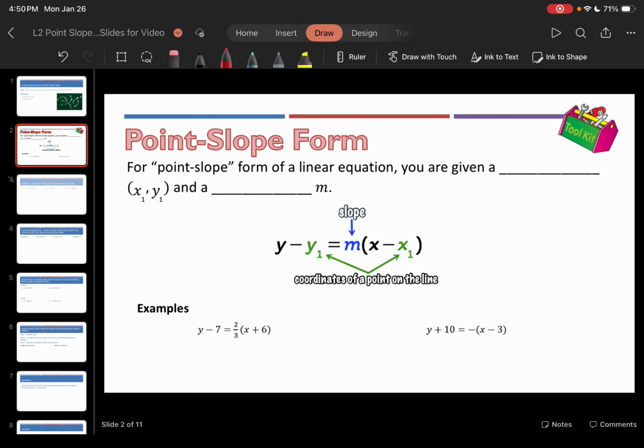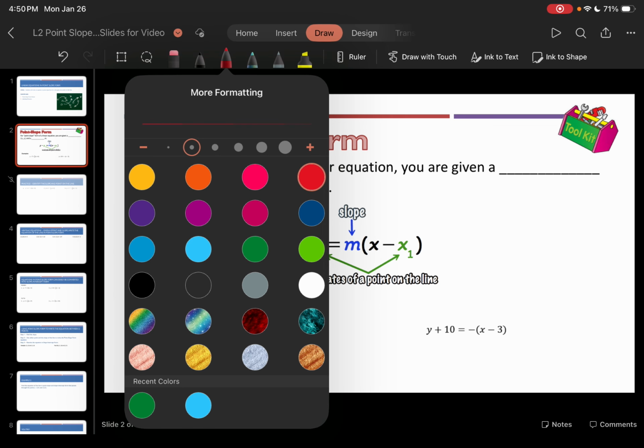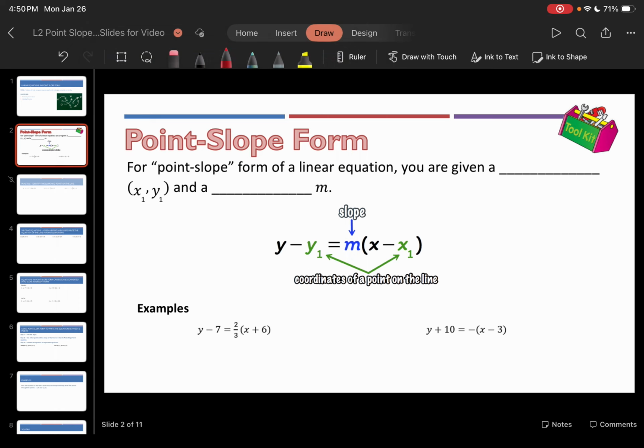So let's get started. Point slope form looks like this formula that you see on your screen here, and it's named point slope form because from point slope form you can get a point and you can get a slope.